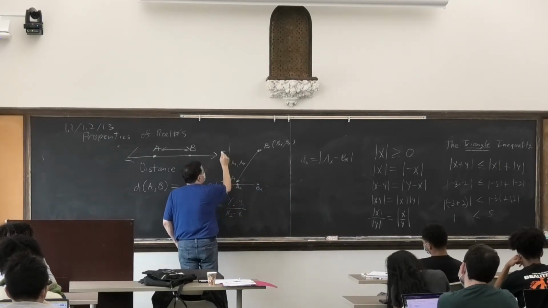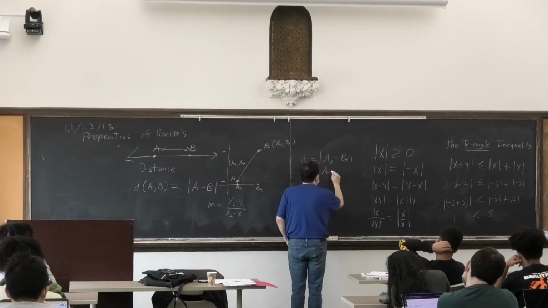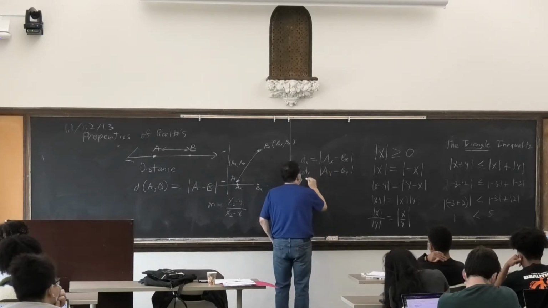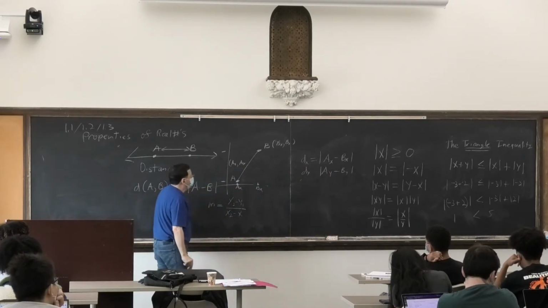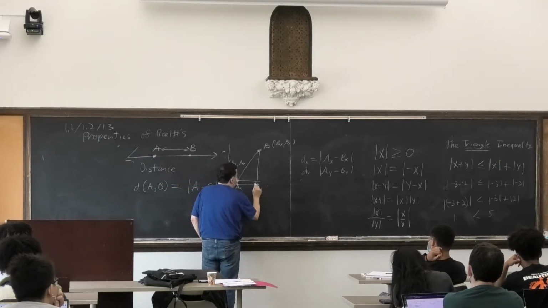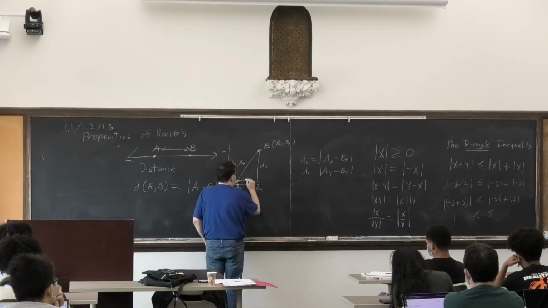This distance, that's going to be AY minus BY. Distance y. So I've got this distance and this distance. Calling this dy, this is dx.